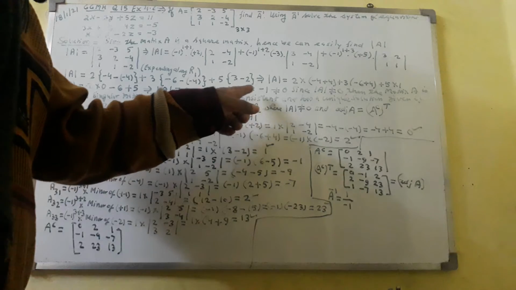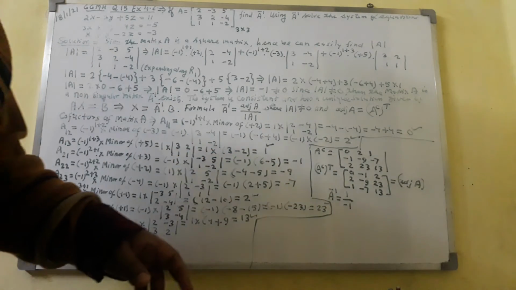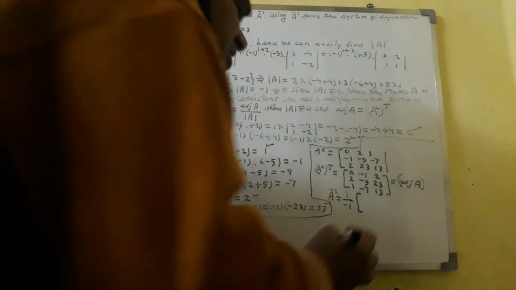Determinant of matrix A I have got here -1. I have reflected this one. After that the adjoint matrix will come. Here I shall write the adjoint of matrix A.